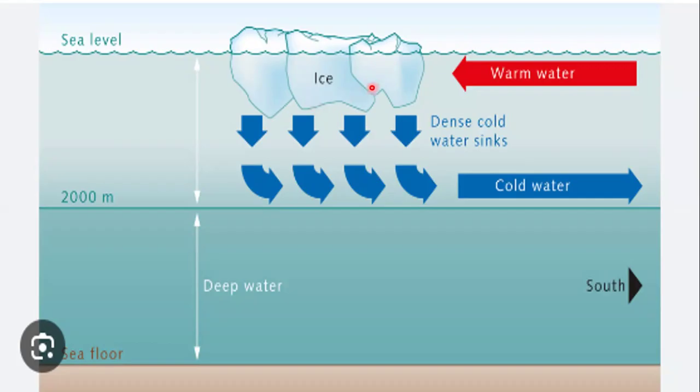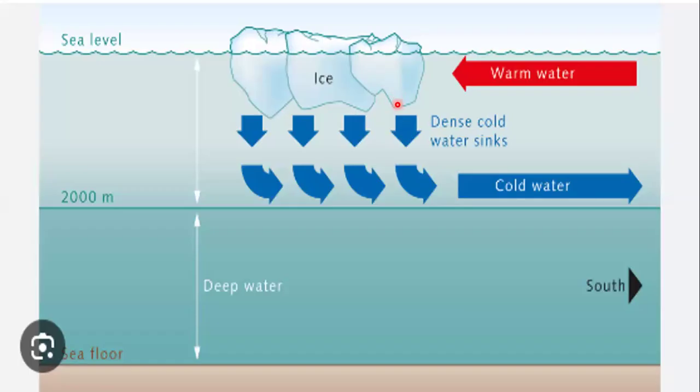If two areas have the same temperature and the density varies, the area with higher salinity will have greater density than the area with low salinity.